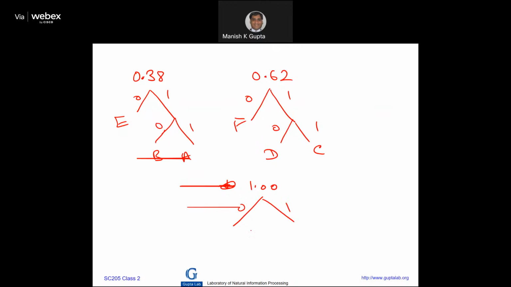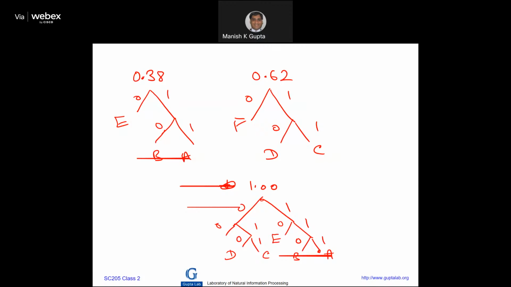0, 1, okay, 0, 1, D, C, 0, 1, E, 0, 1, B, A, 0, 1. This is our final tree when we combined everything.